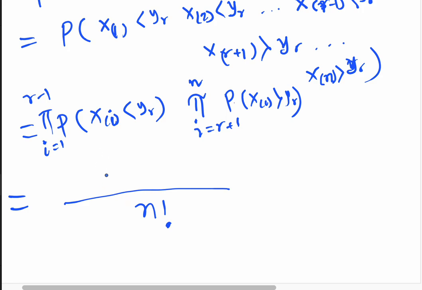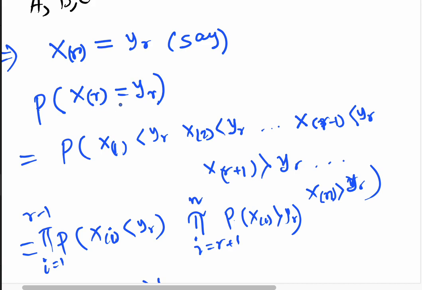Out of them, the arrangements among the r minus 1 variables and among the n minus r variables will not change anything, so we divide by r minus 1 factorial and n minus r factorial.